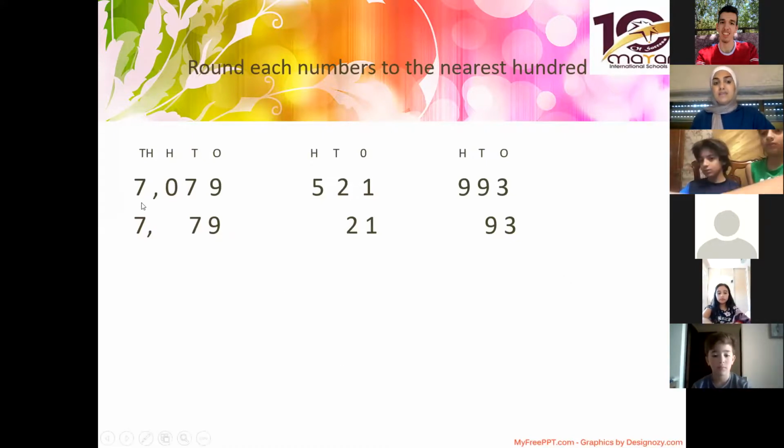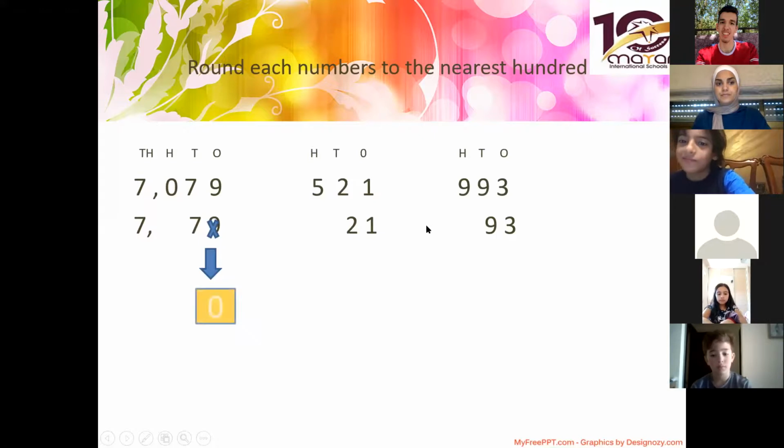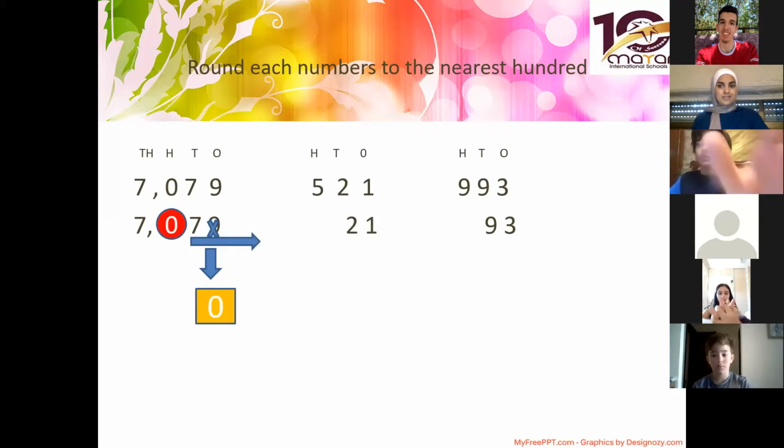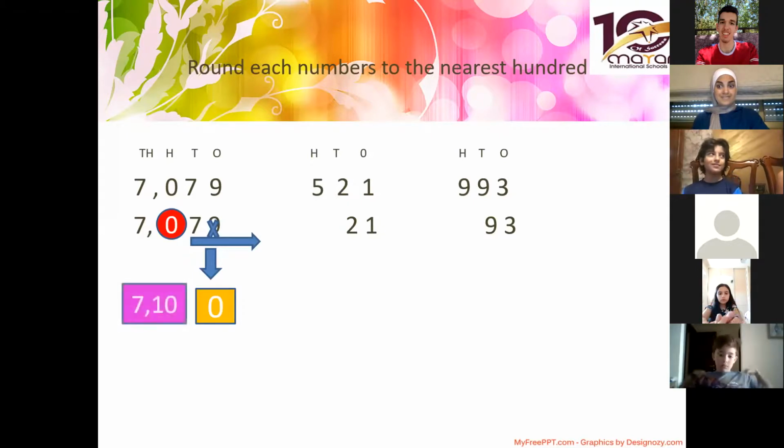Khalid, we have 7,079. 79 is closer to what 100? 79 is closer to... What surrounds 79 from both sides?